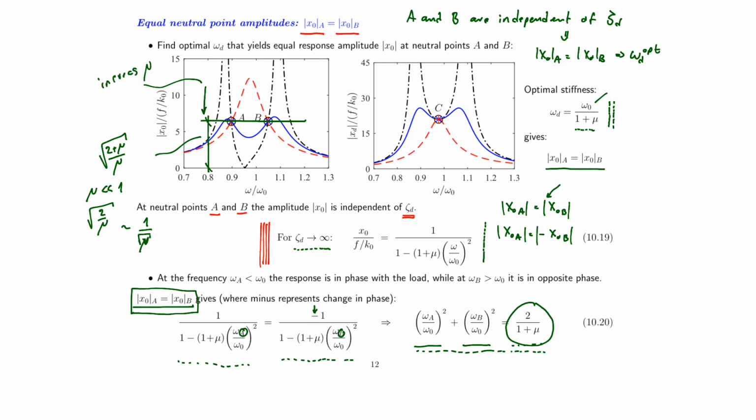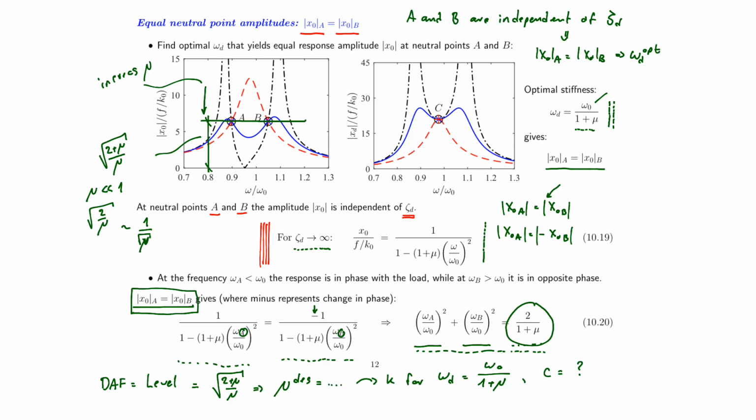So let's assume you know a certain level of dynamic amplification equal to some kind of level. And this level you can then set equal to the square root of 2 plus mu divided by mu, and that provides you with a desired value for the mass ratio. Once you know the mass ratio, you can find K from omega D equal to omega 0 divided by 1 plus mu. And the only question we have left is, what about the damping parameter?